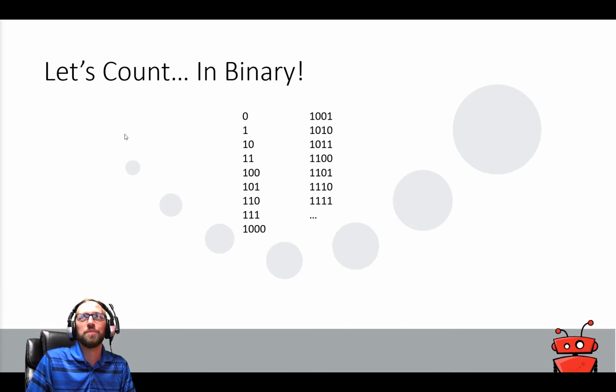Now again, I just want to point out here significant digits. The same as in decimal, you can prefix any of these numbers with one or more extra zeros, and it doesn't change the value of the number, but it is kind of nice for purposes that we'll understand momentarily.